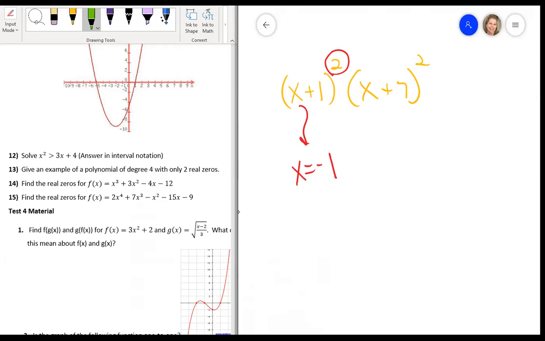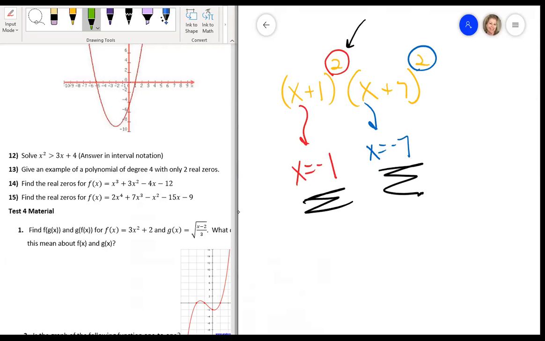That means you have x plus 1 times another x plus 1, so you'd get x equals -1 twice. And then the real zero here would be -7, but it also has a multiplicity of 2. So I'm only getting 2 real zeros right here. But because this is squared and this is squared, x squared times x squared would be x to the 4th, and that would be a degree 4.